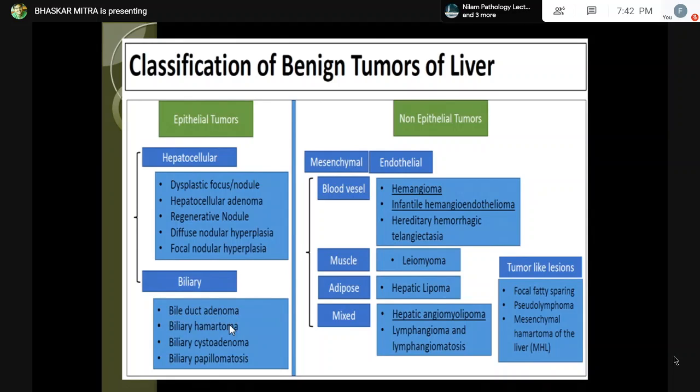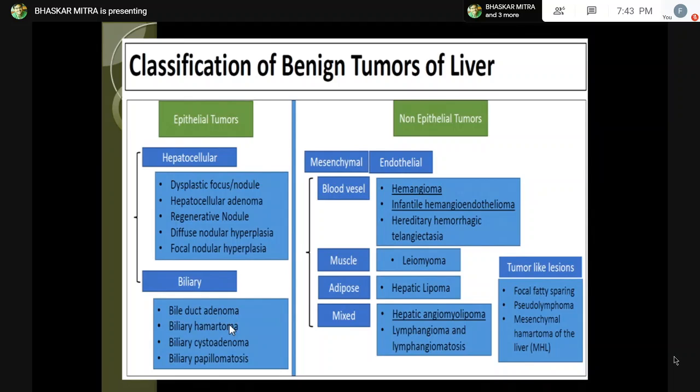Now coming to the non-epithelial part, in the mesenchymal component, whether there is a proliferation of the blood vessels group, or muscle, or adipose tissue, or there may be mixed proliferation of the different mesenchymal components. In the blood vessels group, there are hemangiomas, different telangiectasias, borderline vascular tumors. In the muscle group, there are leiomyomas, rarely seen in the liver.